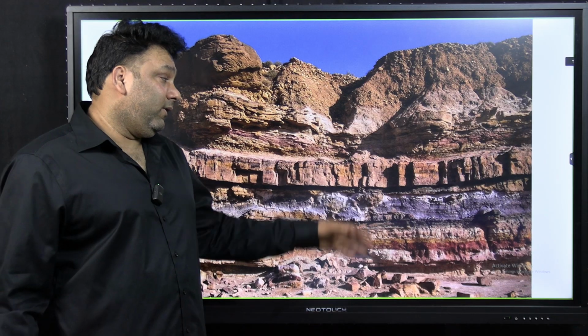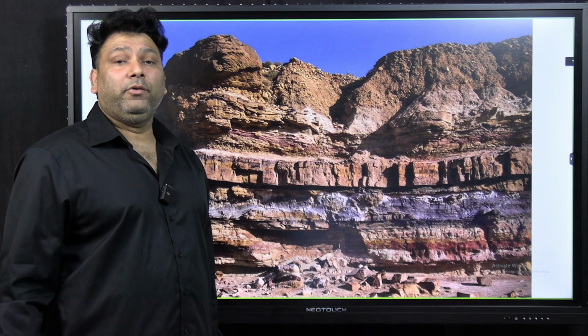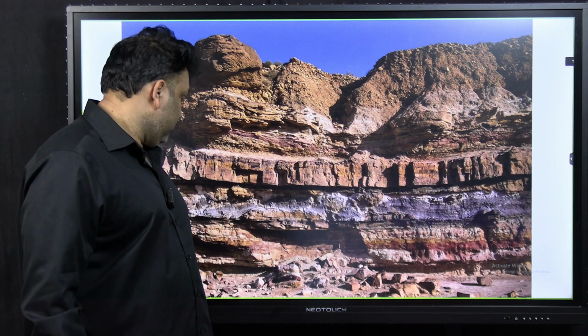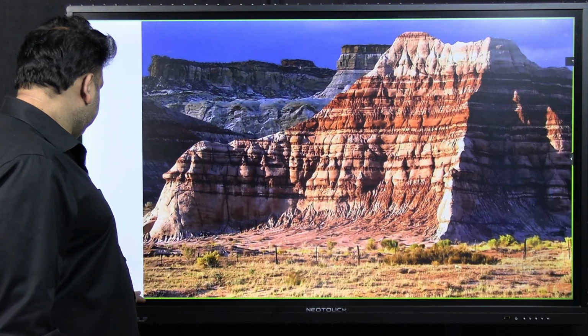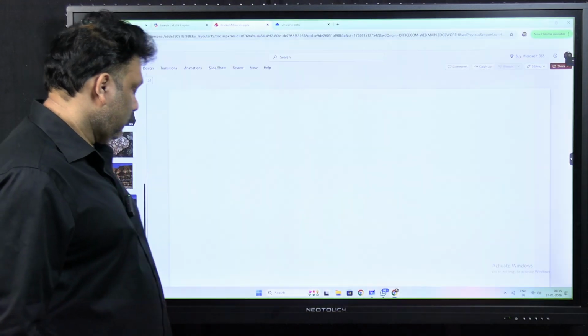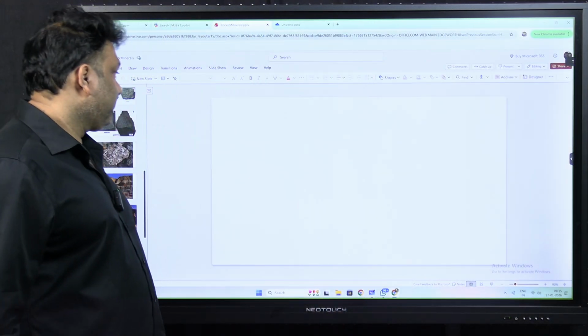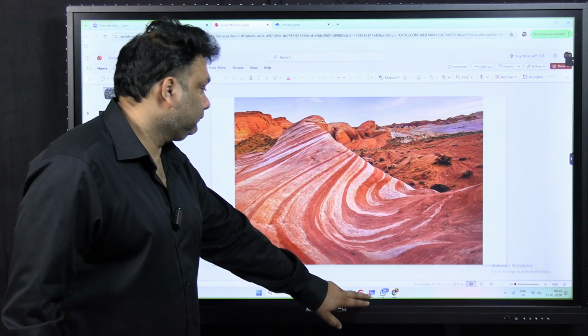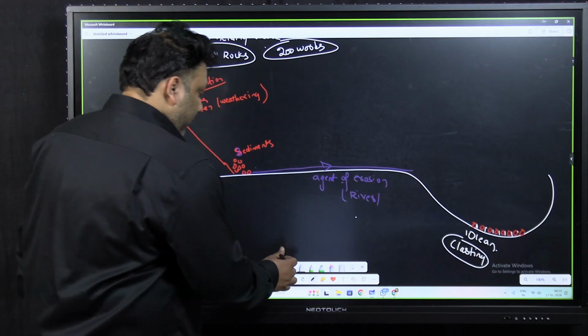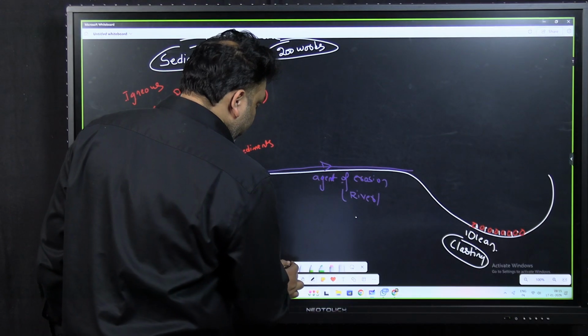Now, these sedimentary rocks will be telling you the history of the past, means what might have happened earlier. Let's come back here. Say here different layers of the rocks will be formed.